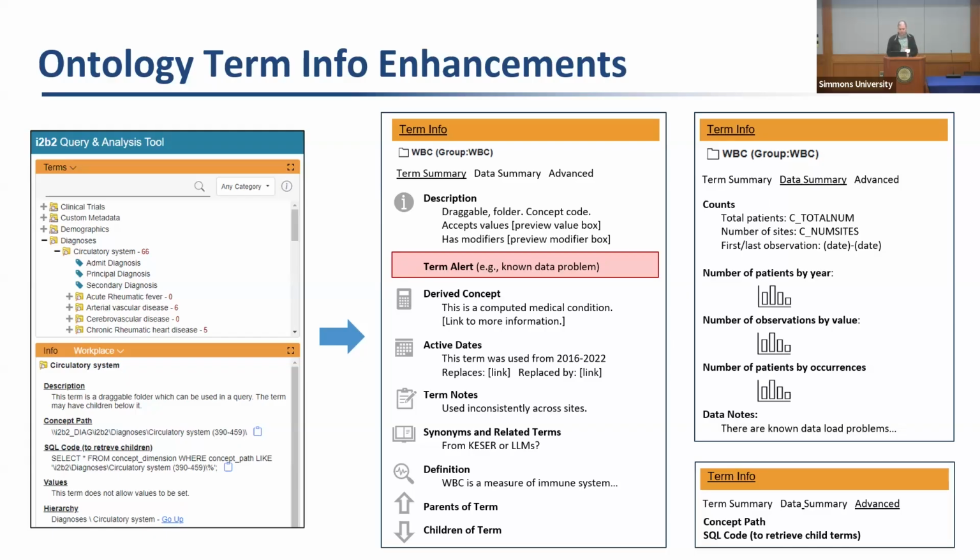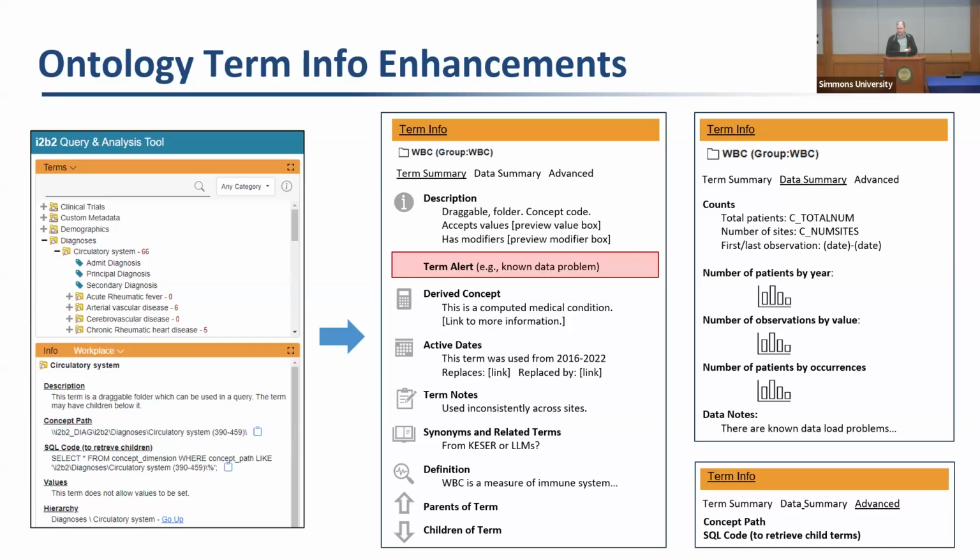So on the right-hand side, we have some mock-ups that we made and discussed in our user interface working group. So it'd be much more useful for investigators to see things like alerts if there's a data quality problem, or the active dates when that concept was used clinically, or a definition of the concept to help people know what that is about. You can do some data-driven items like showing the number of patients per year for a concept to know if this is something that's really being used at your institution or when it started or stopped.